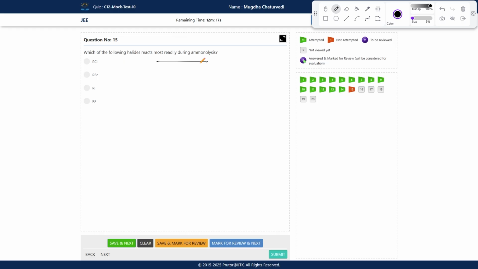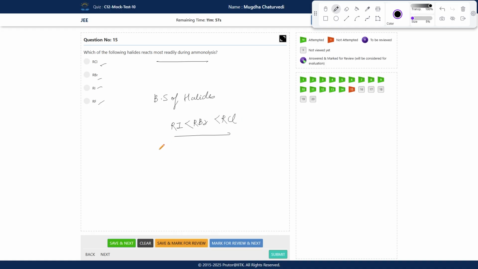So we have RCl, RBr, RI and RF. If I talk about the order of bond strength of halides, then bond strength order is first RF, then we have RBr, then we have RCl.